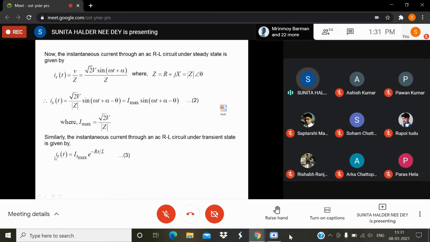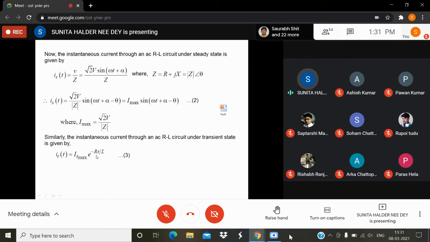Then here also we may estimate that this current will have some maximum value IT max. Why are we not writing V by R? Because here there is some AC component also, a steady state component also. So what will be the IT max? We shall calculate from some initial condition. So at first, let us write this as IT max into e to the power minus Rt by L. Because for an RL circuit we know that it will have some magnitude and it will decay.